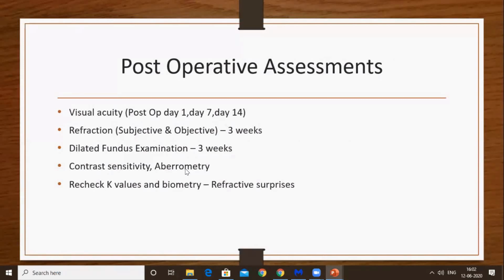So the doctor will plan for an emmetrope or a little myope. But after surgery, if you find the patient has a lot of refractive error, like -2 or even on the plus side, +2 or +3, in that case you want to repeat the keratometry and biometry after cataract surgery to look for any error in the keratometry value or biometry value.